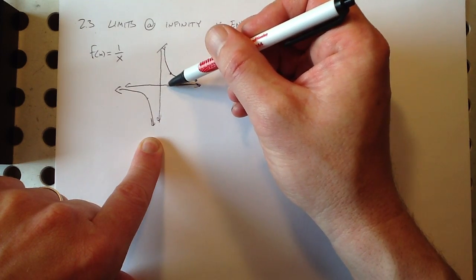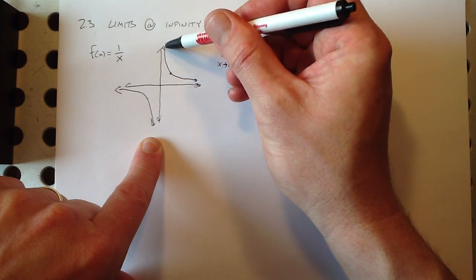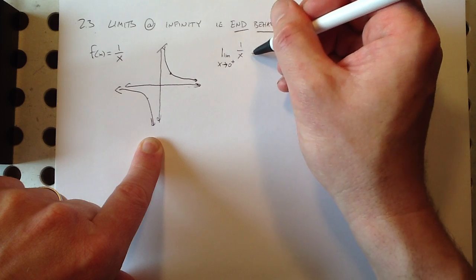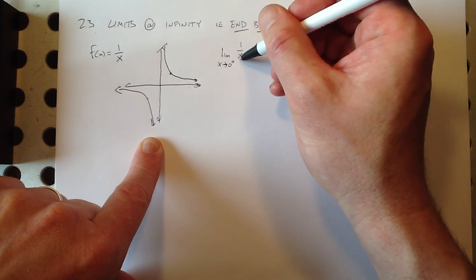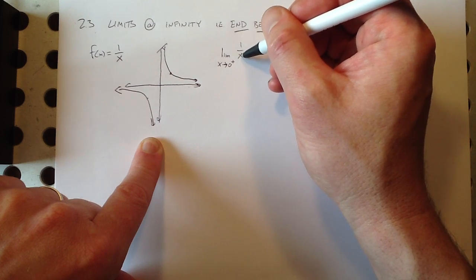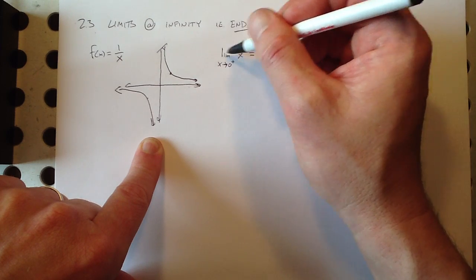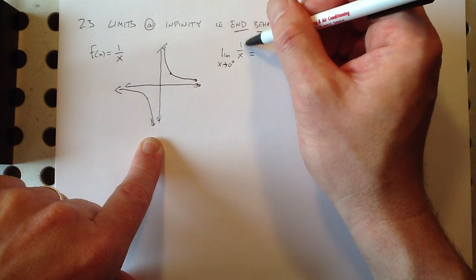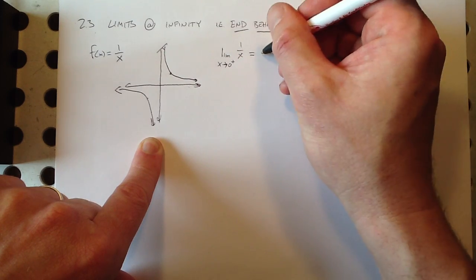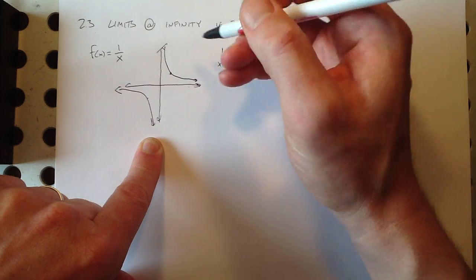So as x approaches 0 from the positive side, what's happening to our 1 over x? Well, as you get closer and closer to 0 from the positive side, this gets bigger and bigger and bigger. The x gets smaller and smaller, and the quotient gets bigger and bigger, right? 1 divided by some tiny, tiny positive number. So we would say that's infinity.